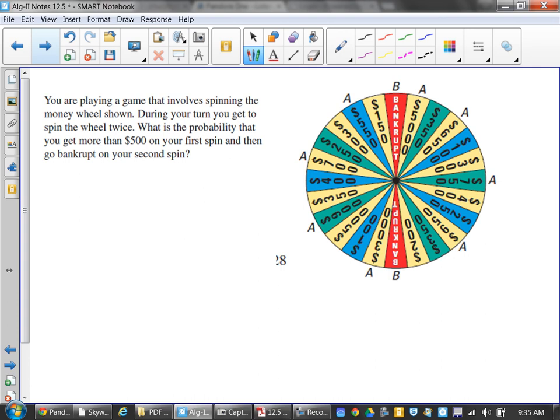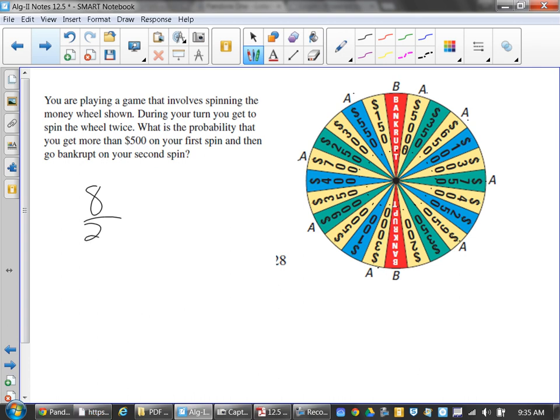If I want to figure out how many places I can get more than $500, here we go. 1, 2, 3, 4, 5, 6, 7, 8, 9. Then I count the spots on the wheel: 1, 2, 3, 4, 5, 6, 7, 8, 9, 10, 11, 12, 13, 14, 15, 16, 17, 18, 19, 20, 21, 22, 23, 24.